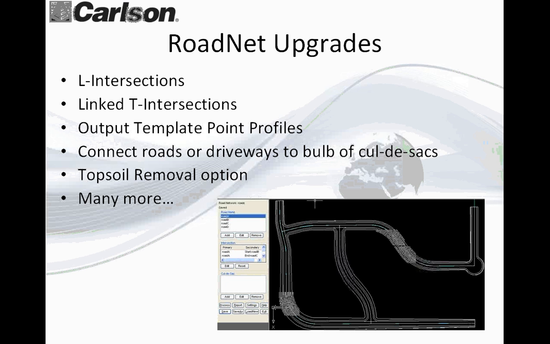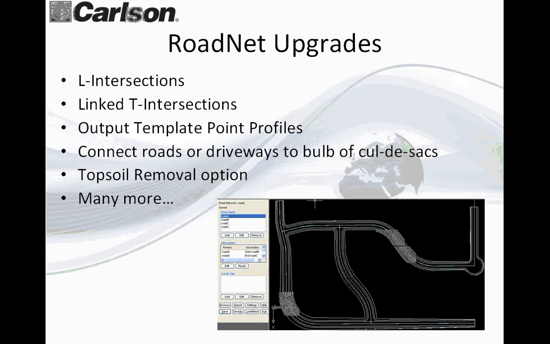There's a new output option for template point profiles. So you can choose any grade point in the template and output a profile for it. And it will pick up any of the transitions that are going on in the road, as well as any intersections, and write that out to the template profile.